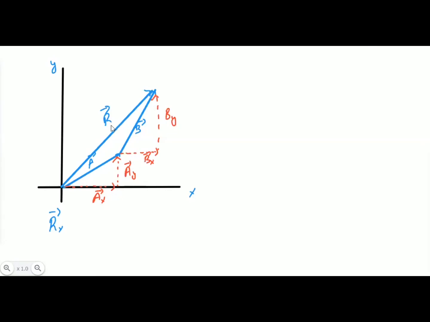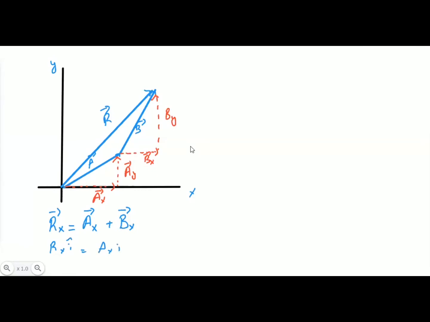So RX will be equal to AX plus BX, or we can also write in terms of the magnitude, RX i hat unit vector will be equal to AX into i hat plus BX into i hat.